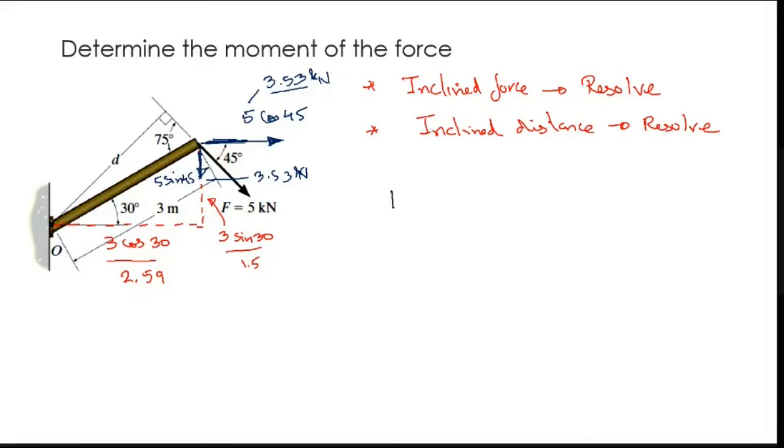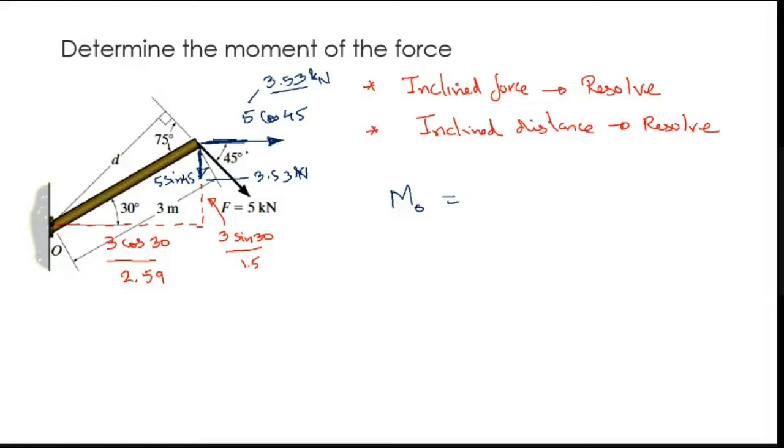Let me take moment at O. So how many forces are here now? Now we have two forces, right? One is 5 cos 45, the other one is 5 sin 45, right? For this 5 cos 45, this is a horizontal force, right?